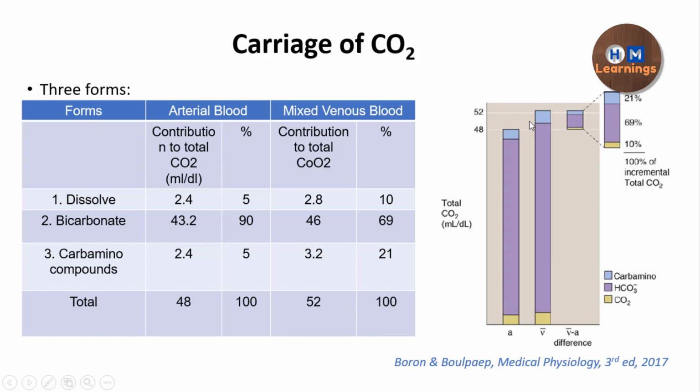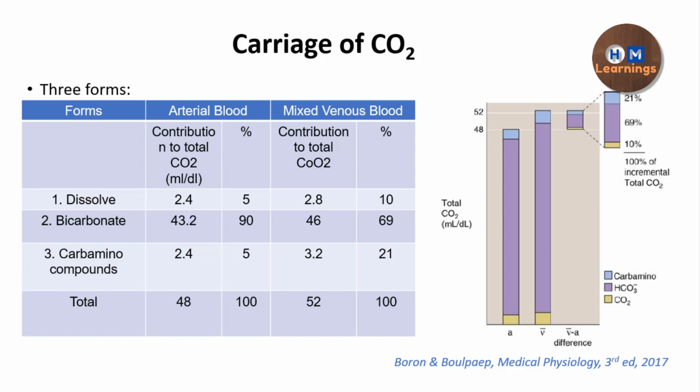So not much of a gap is there. About 4 ml per deciliter of carbon dioxide is added when the blood passes from the artery to the vein. This increment of about 4 ml of carbon dioxide in 100 ml of blood happens at the level of the capillaries where the gas exchange is happening.